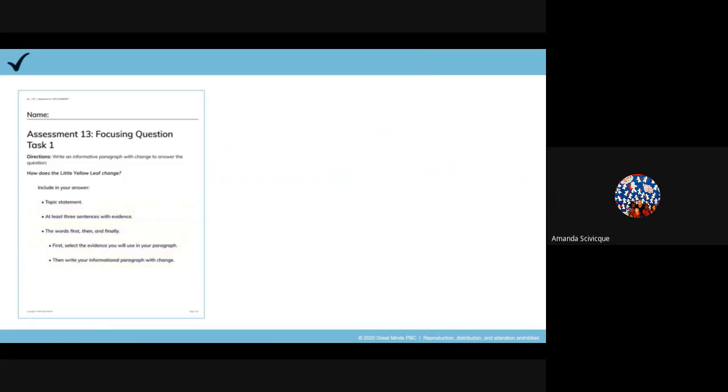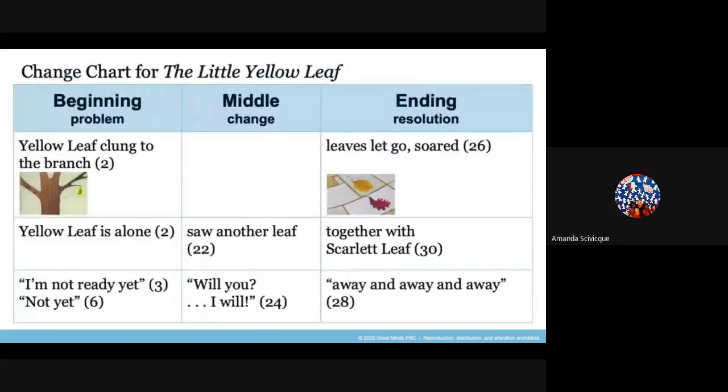Let's practice out loud first. First, I need to select the evidence that I will use in my paragraph. Now I need to use the words first, then, and finally to link all of my evidence together to support the topic statement.